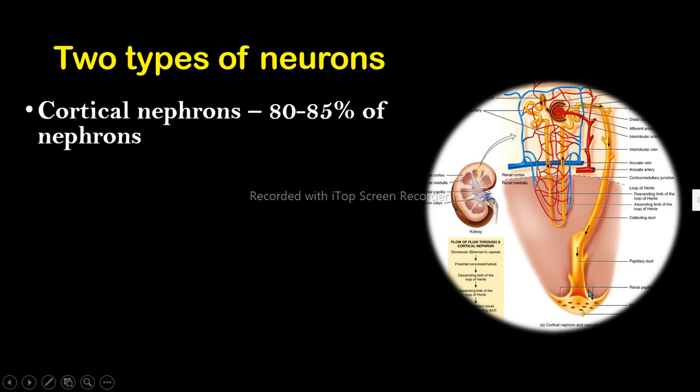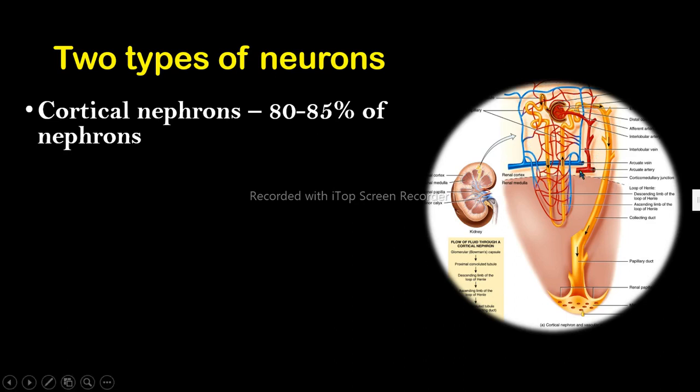So if this is the papillary duct, the collecting duct drains into the papillary duct, which drains into the renal papilla, which drains into the calyx. If this is our nephron, you can see the largest part of the nephron is in the cortex, and these are prominent in humans.